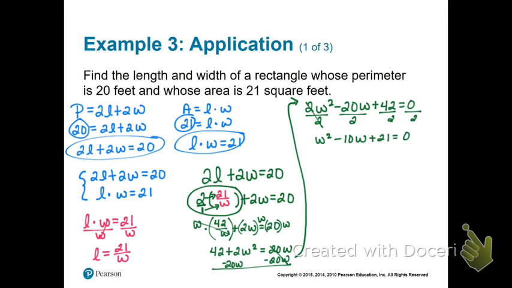And now what? This was crazy. We can factor. It's a simple trinomial. So 2 parentheses. Remember your first terms will multiply to give you W squared, which is good.